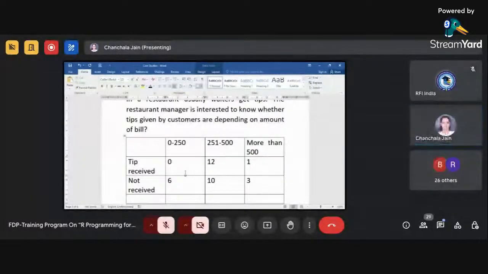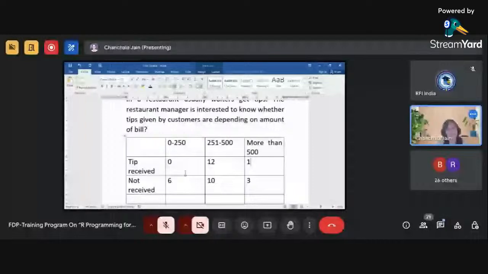Sir, a chi-square will give you only a single p-value. It will not give you the p-value according to the various categories. So how can you comment on a particular combination, whether the p-value is greater or less?